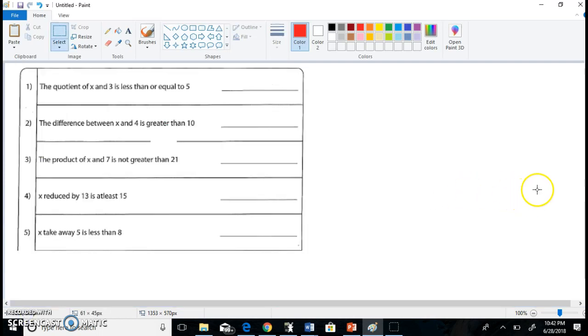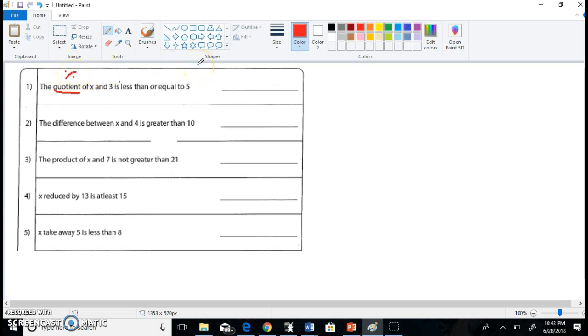Okay, now we're going to translate some phrases into inequalities. Okay, so the quotient of x and 3 is less than or equal to 5. Quotient is a word that means division.